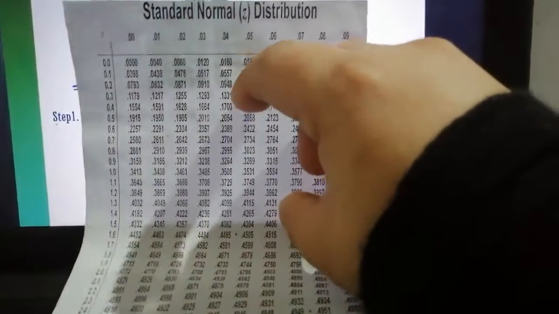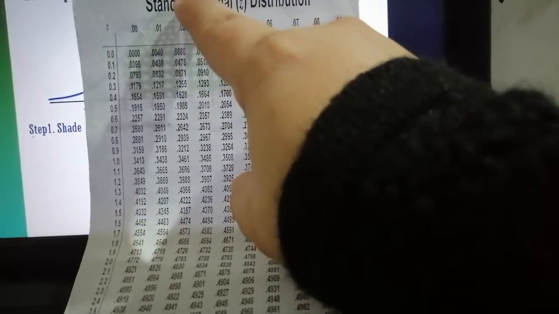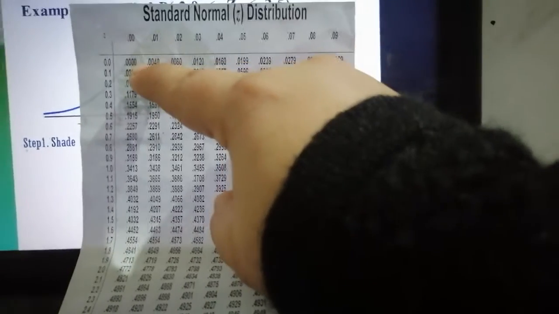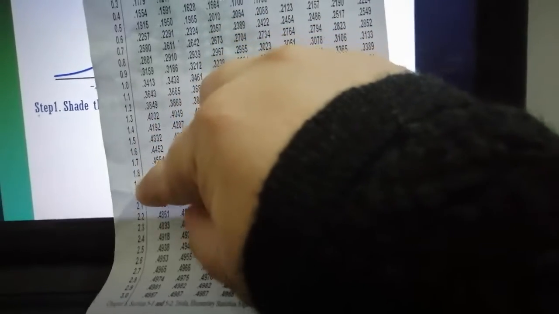So we find first the area from 0 to 2. Again, we will need the table. Why 2 when it's negative? Because from 0 to 2 and from 0 to negative 2 will give you the same area. So we need to find 2.0.